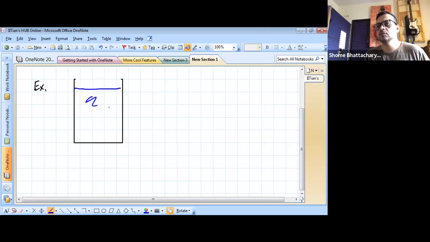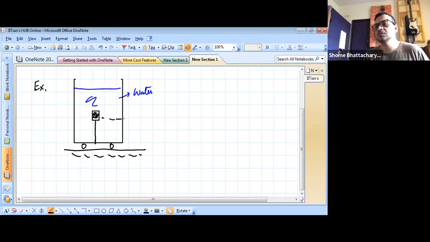It's water. And we have something like a wooden block. It is tied to a rope. It's kept at the bottom like this.